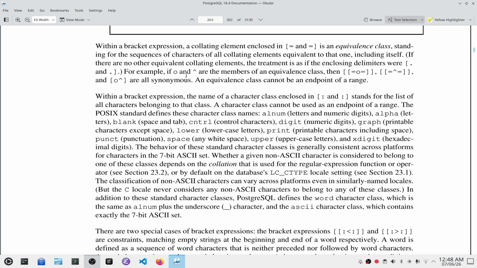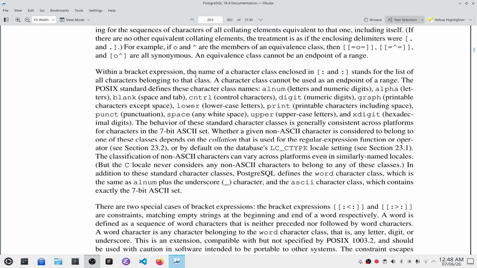For example, if o and caret are the members of an equivalence class, then double left bracket equals o equals double right bracket, double left bracket equals caret equals double right bracket, and bracket o caret bracket are all synonymous. An equivalence class cannot be an endpoint of a range.